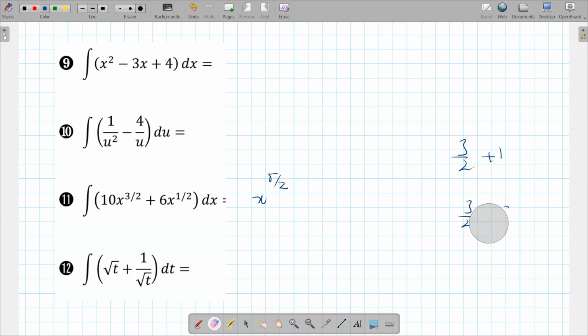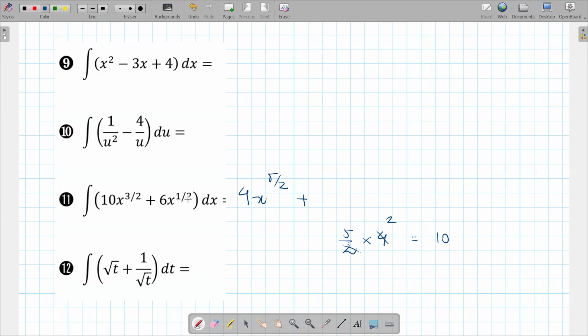So when you would take the derivative, you would get 5 over 2, but there's no 5 over 2 here. Instead, you have a 10. So what must you multiply this by to get a 10? 4. Because 2 goes into 4 twice, right? So there must be a 4 here.